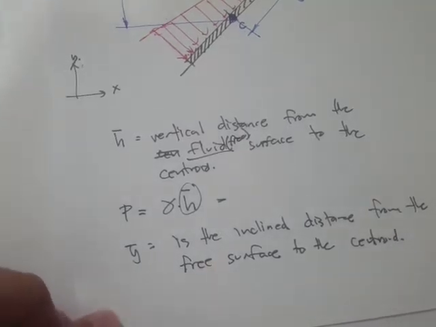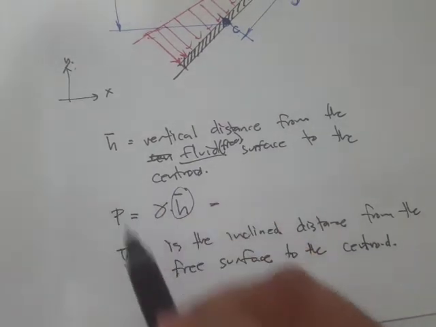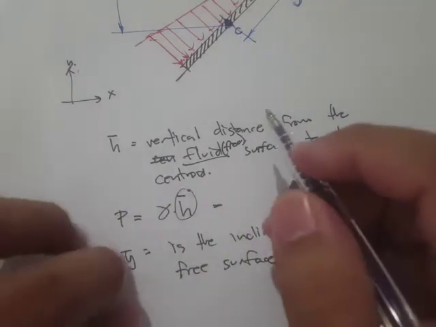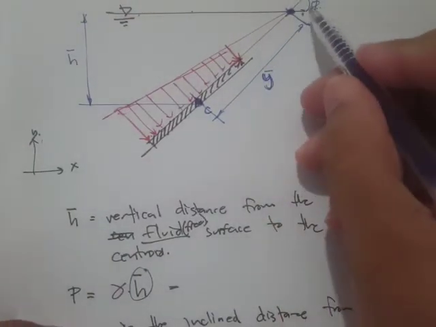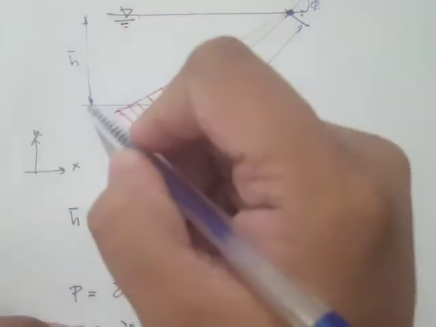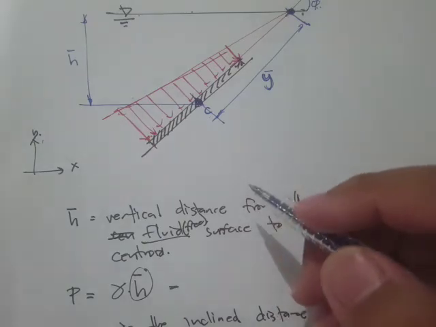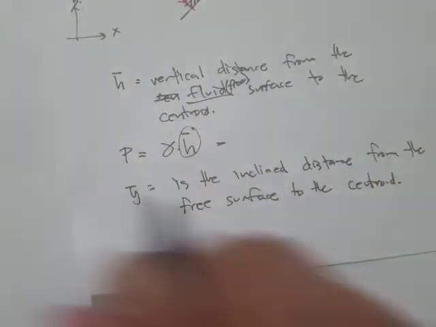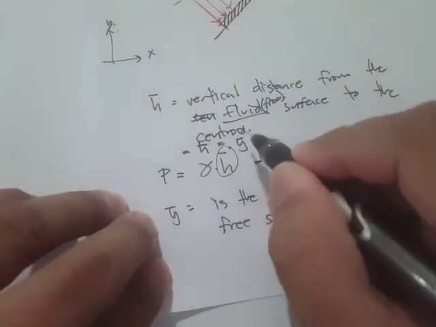Since this is tilted, then we know that this has an angle, and since we have the inclined distance and the vertical distance, we have a trigonometric relationship.